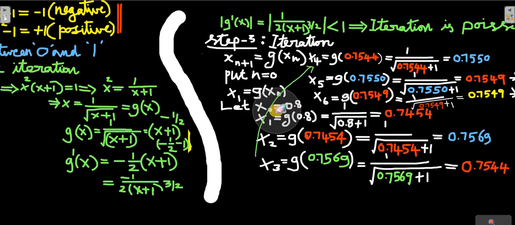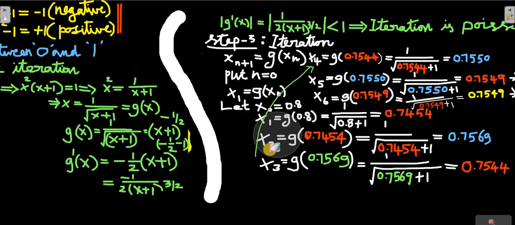We took the initial approximation as 0.8 and substituted that value here, so x1 equals g of 0.8. g is defined as 1 divided by square root of x plus 1, so in the place of x substitute 0.8. Taking the square root of 0.8 plus 1 in the denominator gives 0.7454. This is the first approximation.